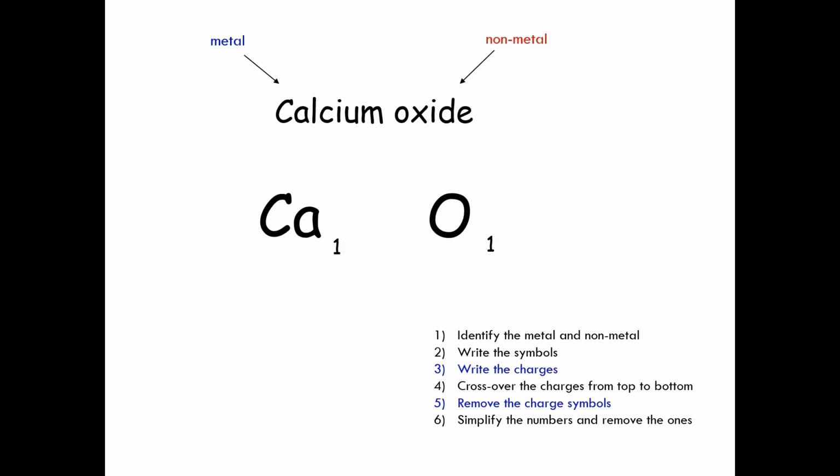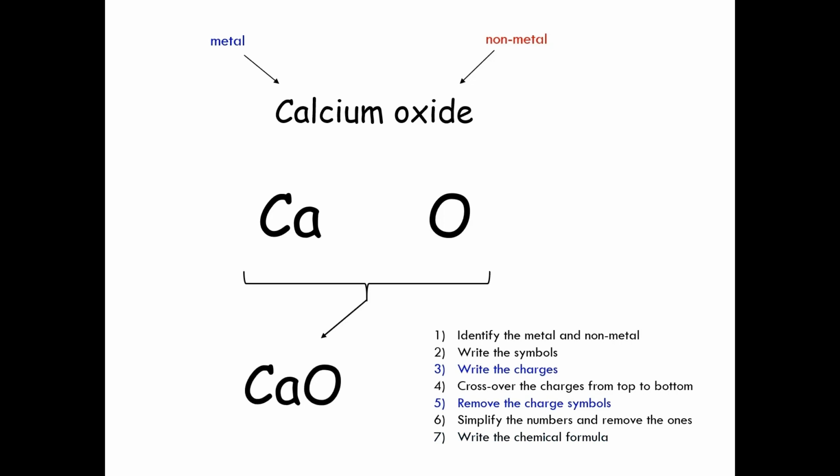I then remove the ones by following this step. Now I'm going to write the chemical formula. So now I just simply put what I have left together. And so calcium oxide is chemically written as CaO.